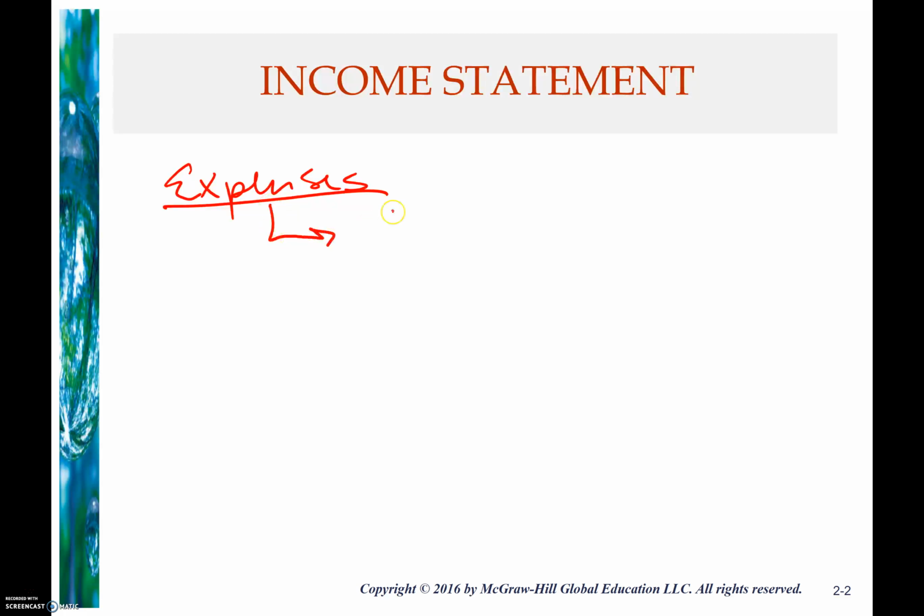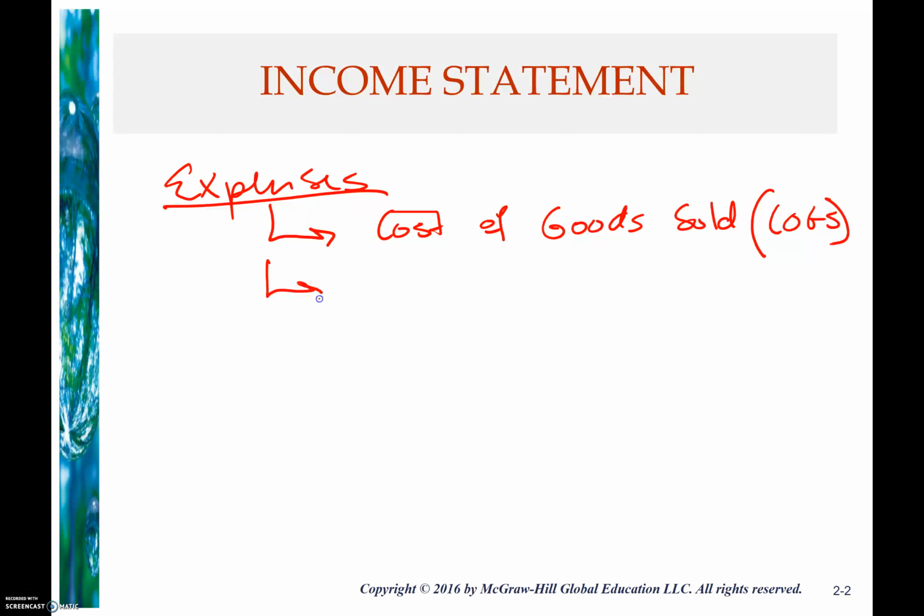So first of all, you have your cost of goods sold. This is your first expense that will be found on your income statement, cost of goods sold, also known as COGS. The second is your operating expense, also known as OPEX.